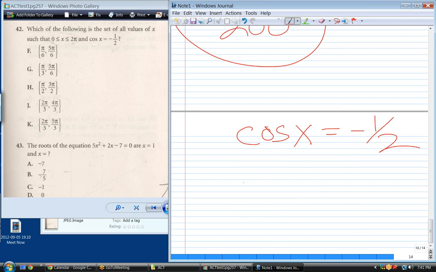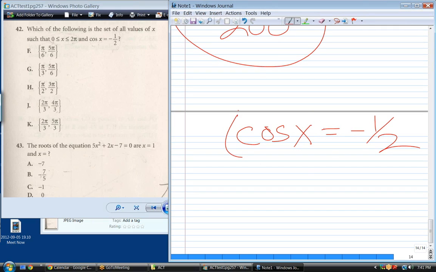How would I solve this problem? Cosine of x is equal to negative 1/2. So what is x equal to? It's equal to the inverse cosine of negative 1/2. And the way that works, just in case you're wondering, is I'm going to take the inverse cosine of both sides.